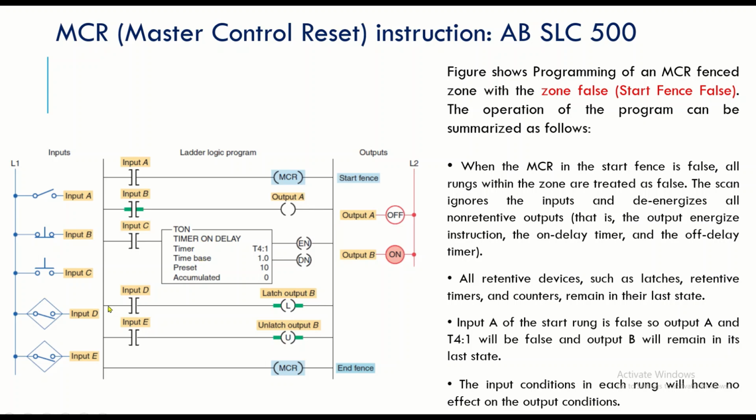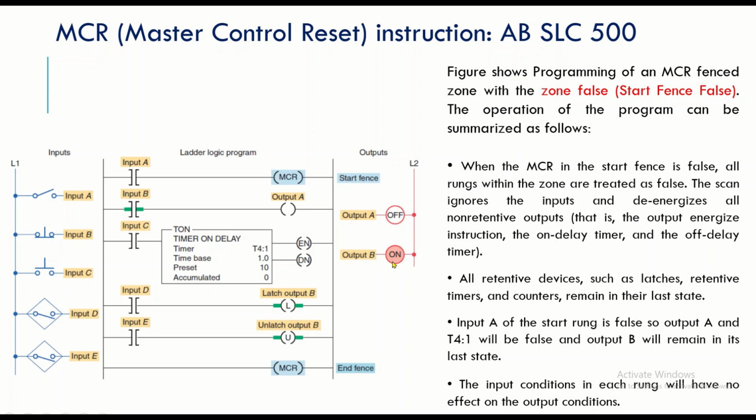And you can find that since output B was in the on state when the MCR was activated, it will be retained in that state, because it is a latched output. The latched output signifies that once it is on, unless it is unlatched, it will not be off.